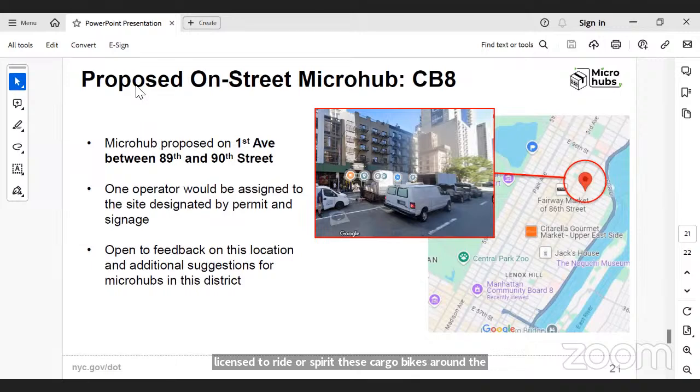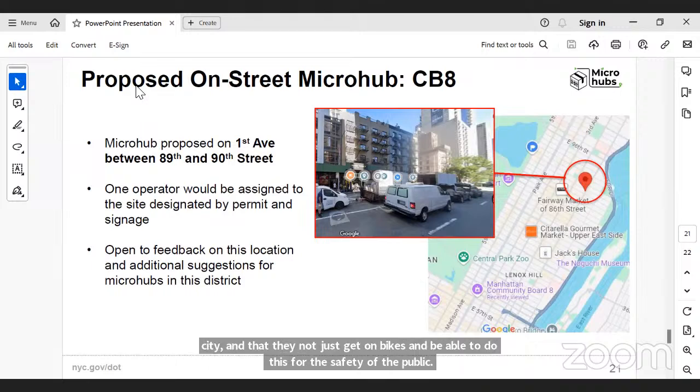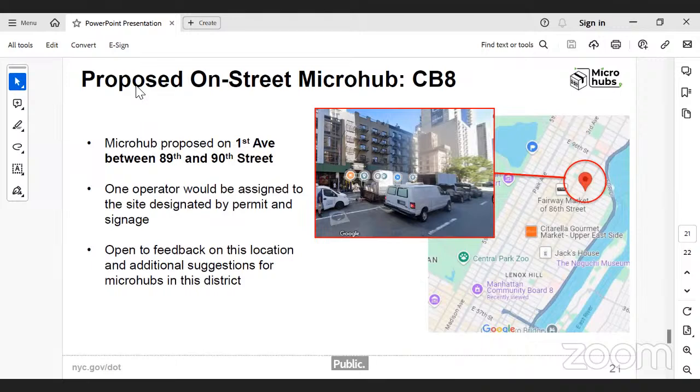Two, if I understand that you want to incentivize companies to make these kinds of deliveries, one way to incentivize them might be to get rid of that stipulated fine program, which I know is not DOT, it's Department of Finance, but that might incentivize them to do the right thing when they actually get tickets that they have to pay.